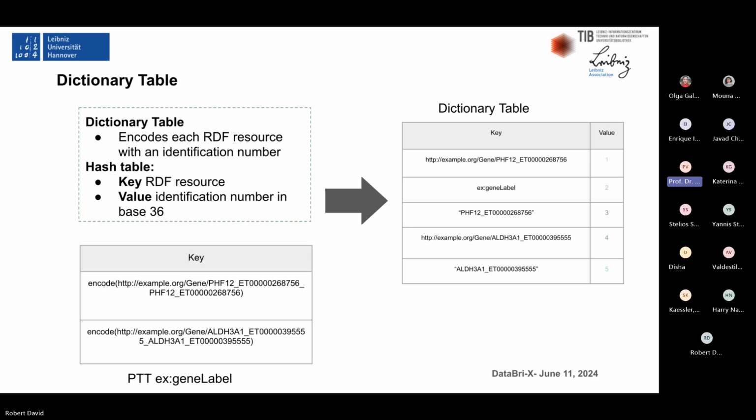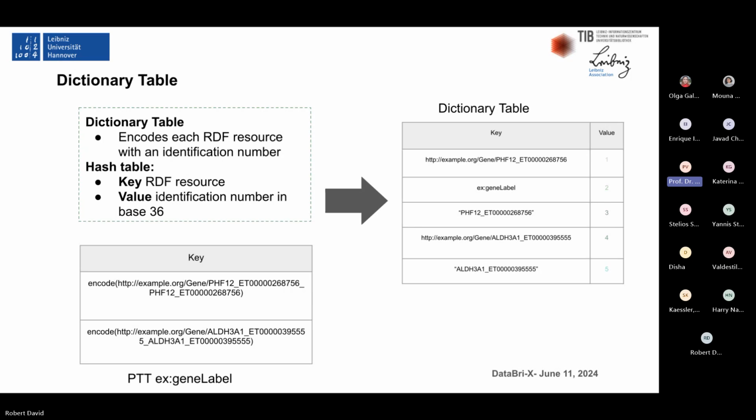And what we have is a key RDF resource, and this is represented as a value identification number in base 36. So that means that with that, we are reducing considerably the memory that we require in order to keep all these data structures.